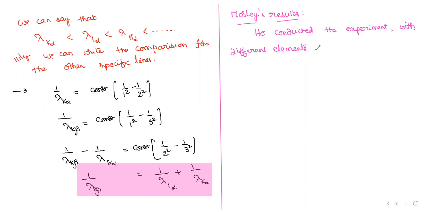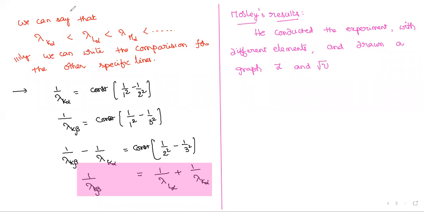Okay, by that, what he observed. That's what we are checking here: different elements, and he drew a graph between the atomic number Z and root nu, the square root of frequency.